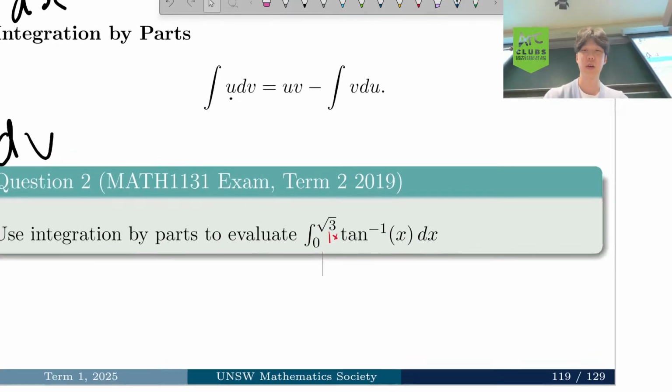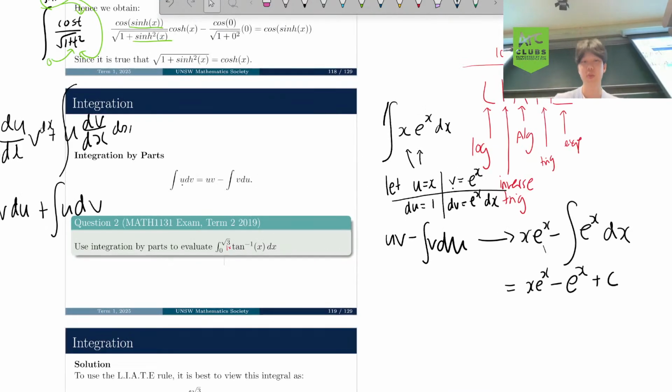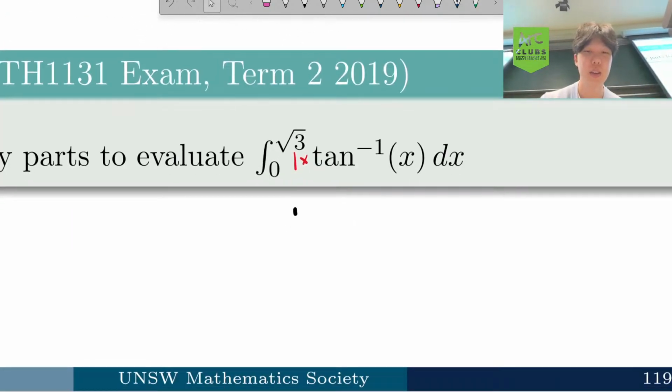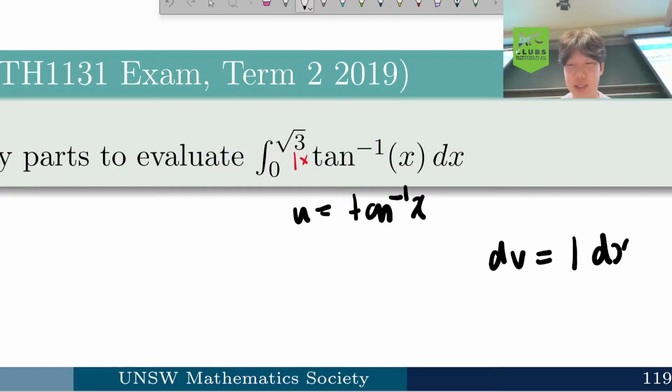And looking at our priority list, we said that inverse trig was second, while any algebraic term, like 1, is below it. So we have to let u equal the inverse tan of x and dv equal 1 dx.